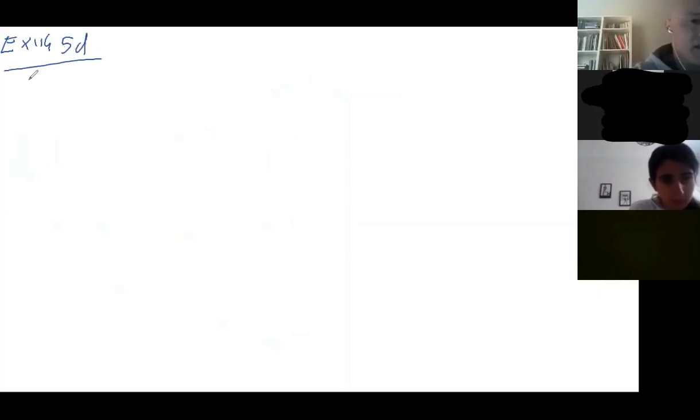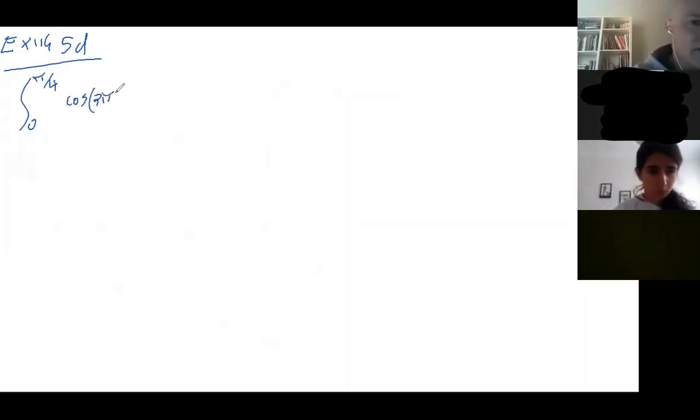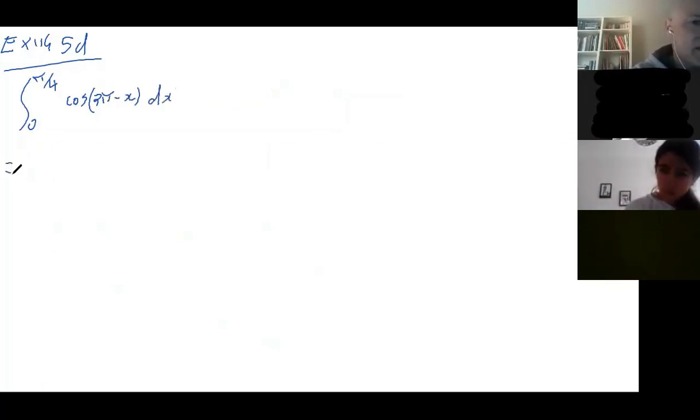Okay, so exercise 11G 5D. This is the integral from 0 to pi on 4 of cos of 3 pi minus x dx. Okay, same thing.